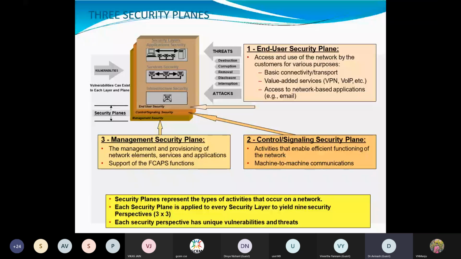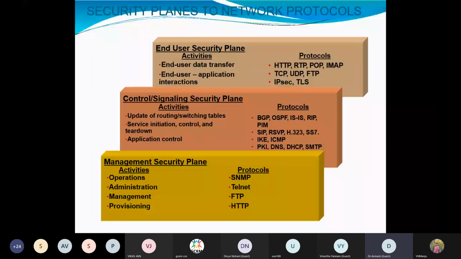So 3 by 3, that is 9 security perspectives, and each security perspective has unique vulnerabilities and threats. Now we are going to discuss those 9 security perspectives. So here comes the end user security plane.